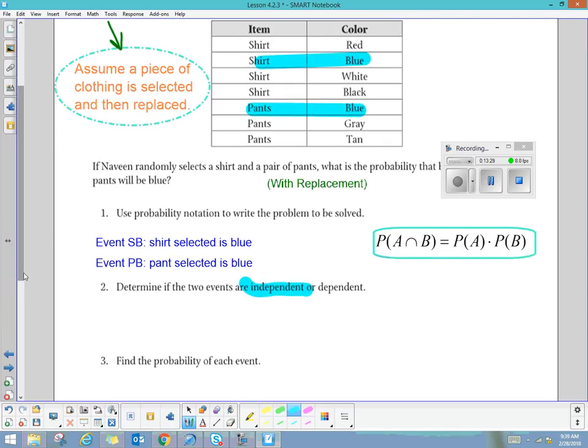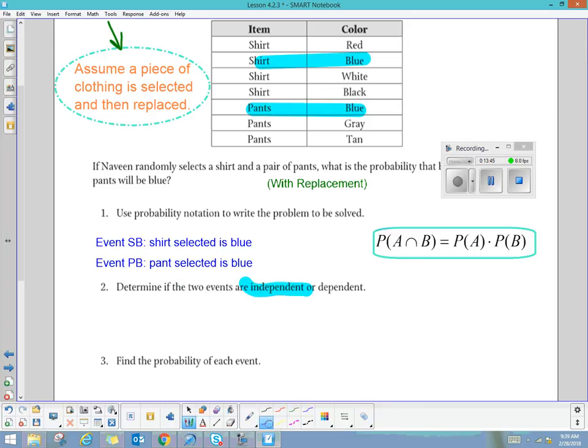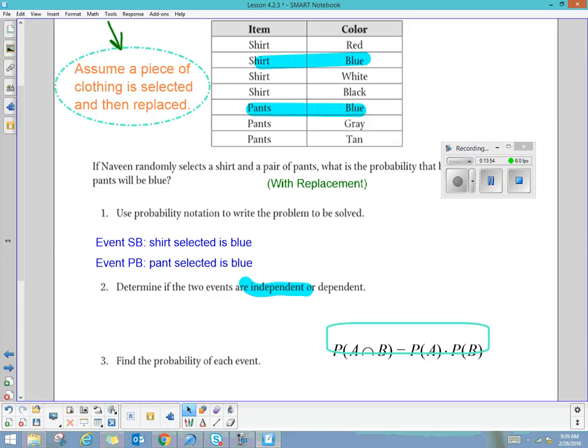Having said that, let's go ahead and calculate the probability for each event. Now that I have decided and explained that the events are independent, that is why I am going to use the following formula.